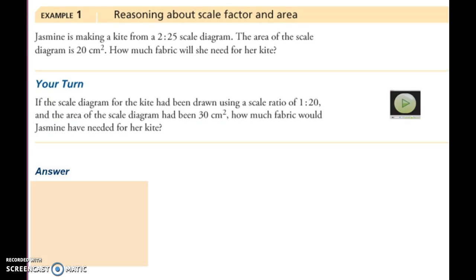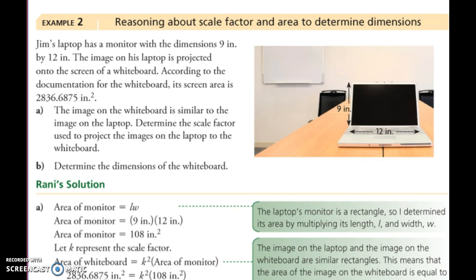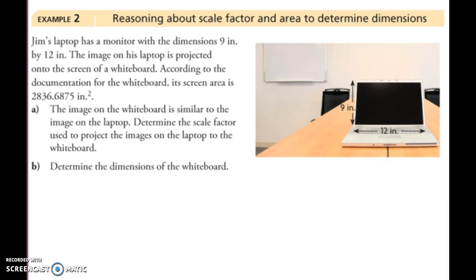Okay, in our second and last example, Jim's laptop has a monitor with the dimensions 9 by 12. The image on his laptop is projected onto the screen of a whiteboard. So here's the whiteboard here.